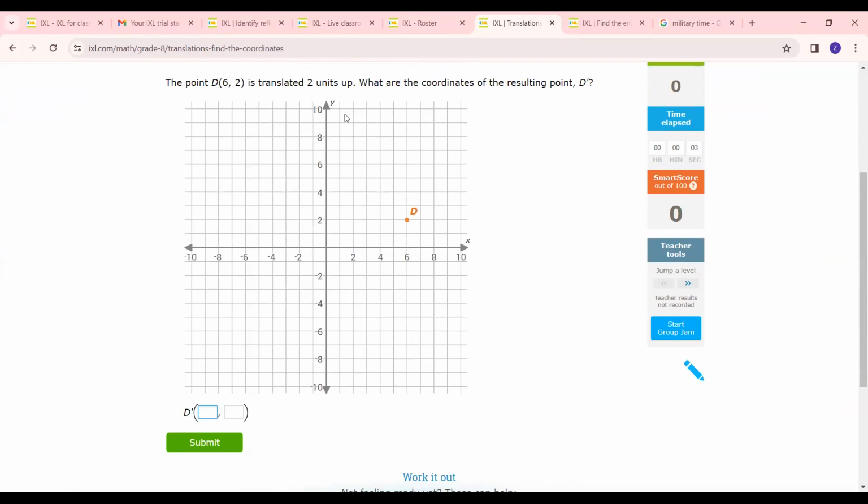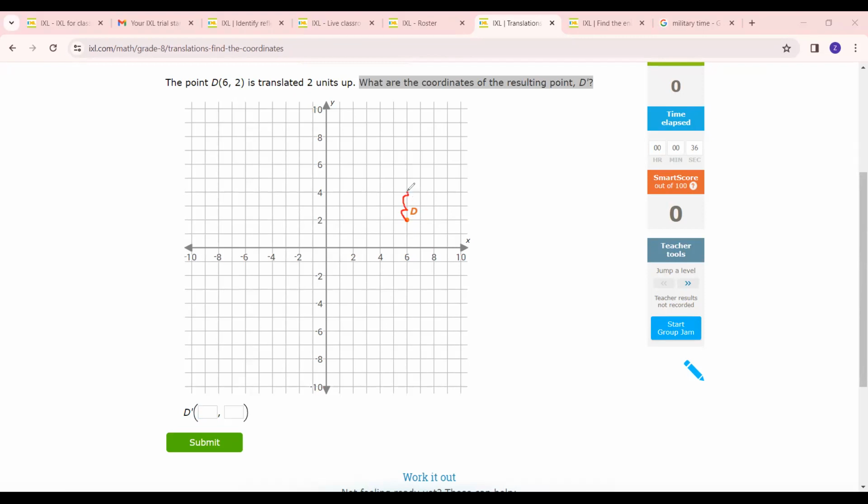It says the point 6, 2 is translated 2 units up. What are the coordinates of the resultant point D1? So 2 units up is going to be what? If we move 2 units up, that's going to be what? Let's move 2 units up for this one. 1, then 2.